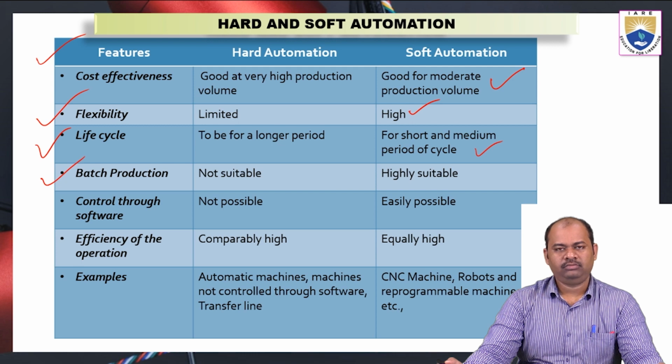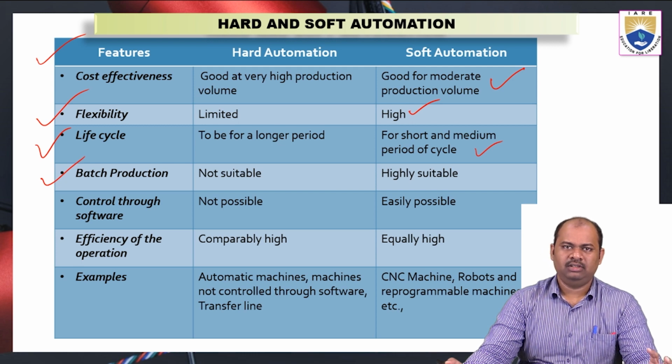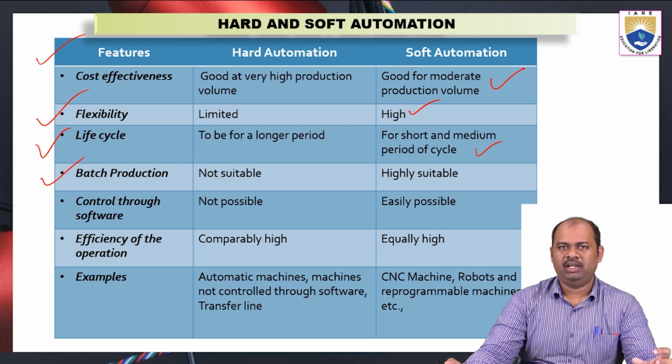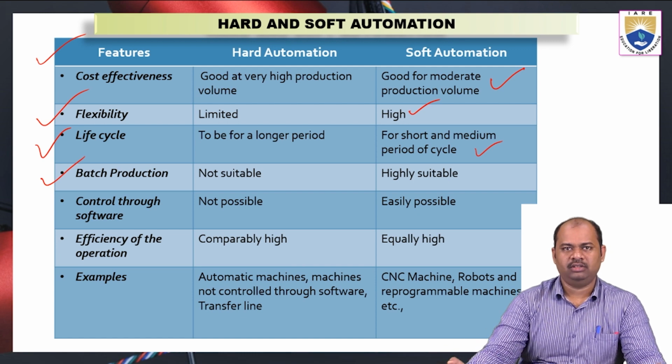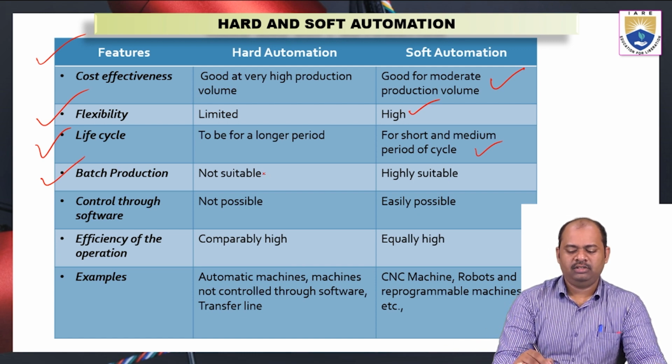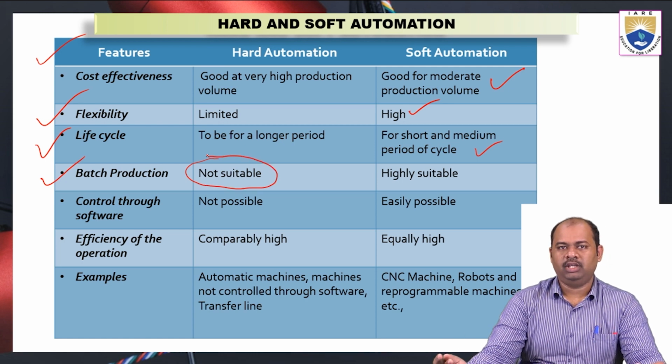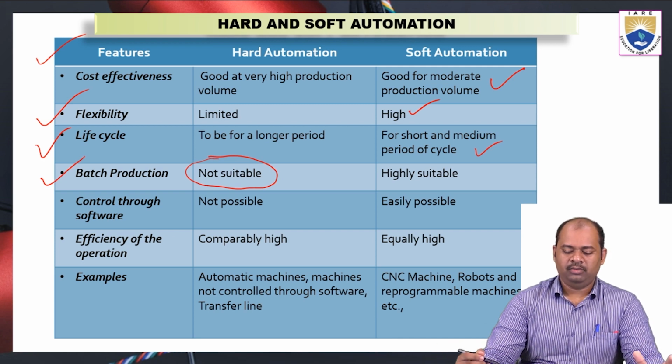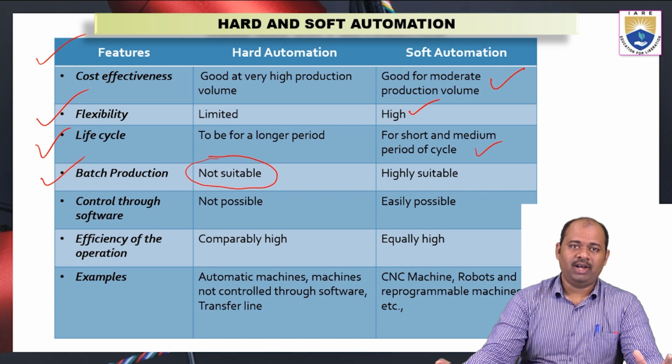When we want to manufacture a mechanical element using hard automation, batch production is not suitable here. We can produce some n number of things continuously in hard automation, so it is not suitable for batch production.